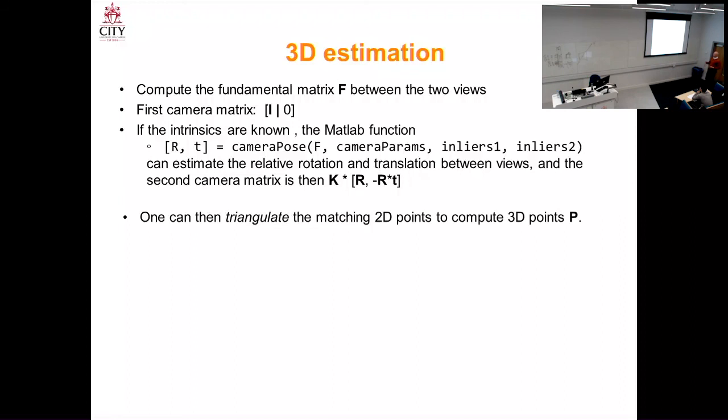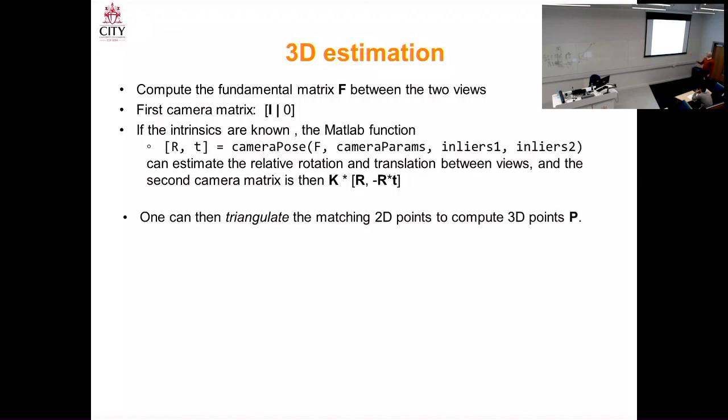Okay, so once you track those points, then what you want to do is estimate in 3D where those points are. So what you do first is you compute the fundamental matrix between two of the views, and I described earlier how you might do that.